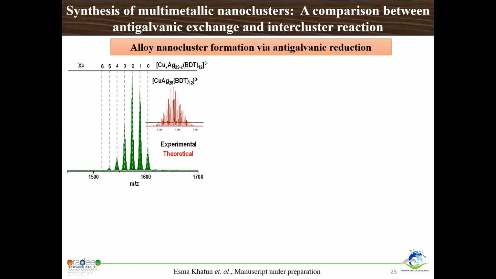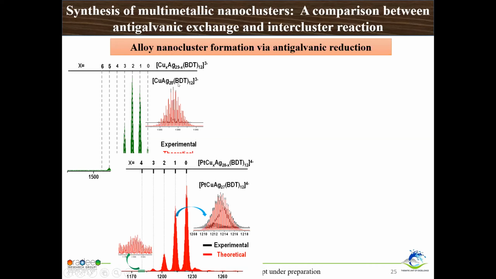So similarly, we have synthesized several multimetallic alloy nanoclusters via anti-galvanic exchange and intercluster reaction. For anti-galvanic exchange, we have added copper salt to monometallic Ag29 nanocluster to make bimetallic copper doped silver 28 nanoclusters.